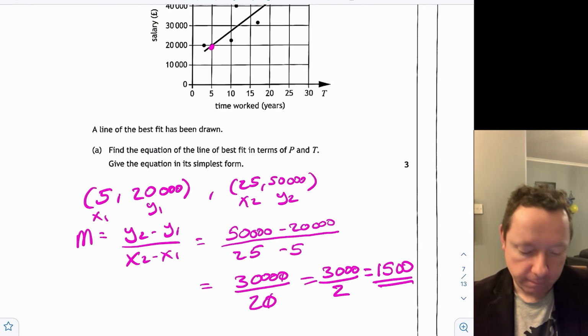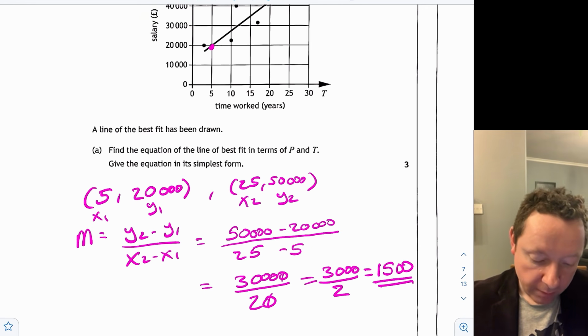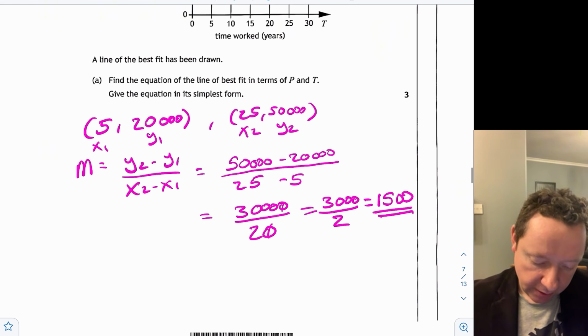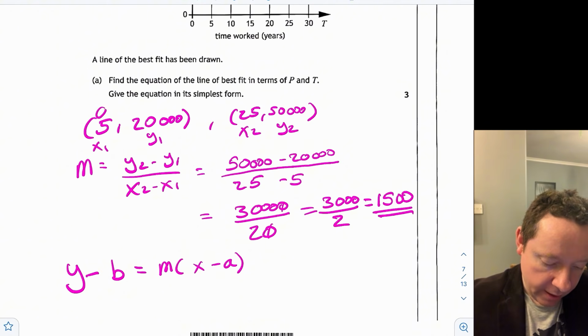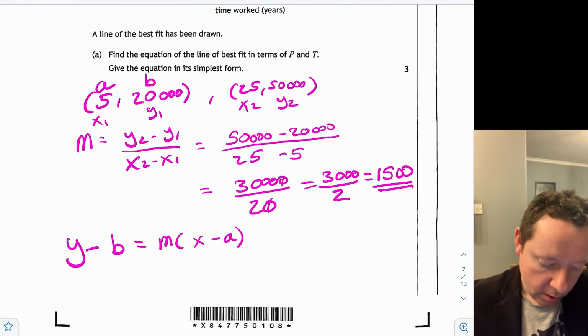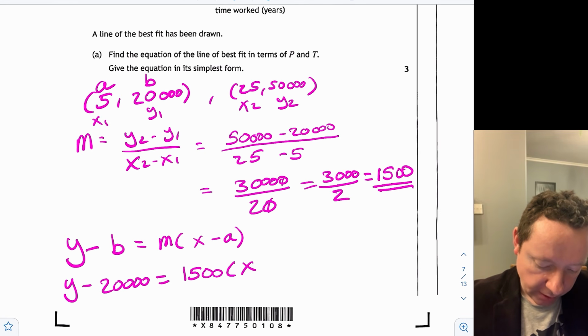So there's our gradient. So now we can do y minus b equals m times x minus a, which is how I usually do it, or y equals mx plus c if you prefer. I'm going to use the point 5, 20,000, positive numbers, so nice and straightforward. y minus 20,000 equals 1,500 times x minus 5.